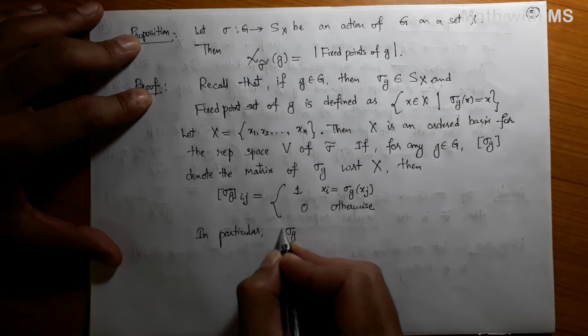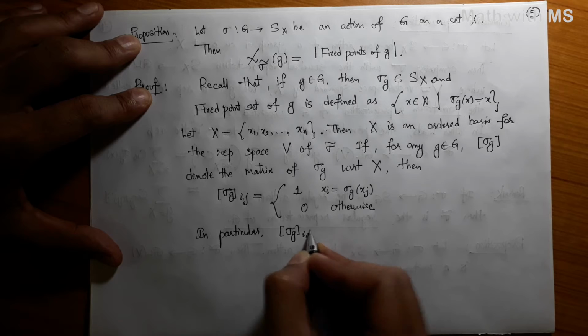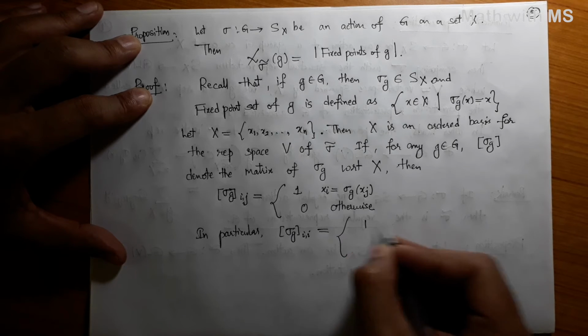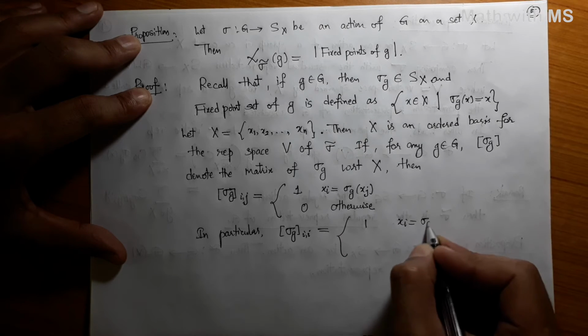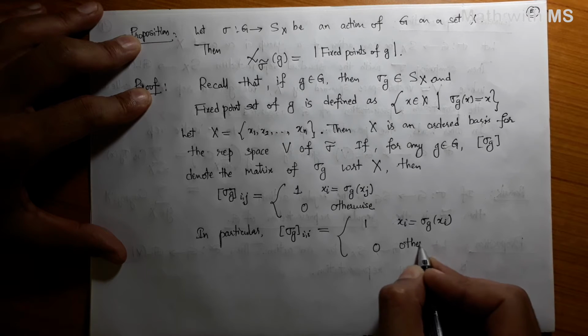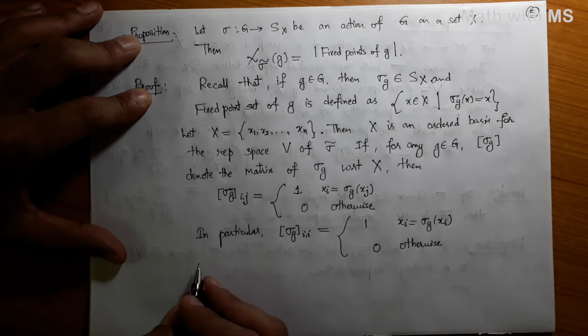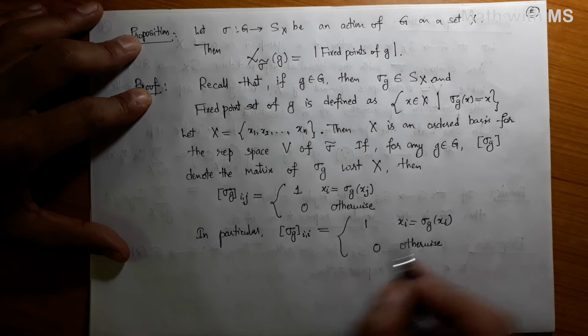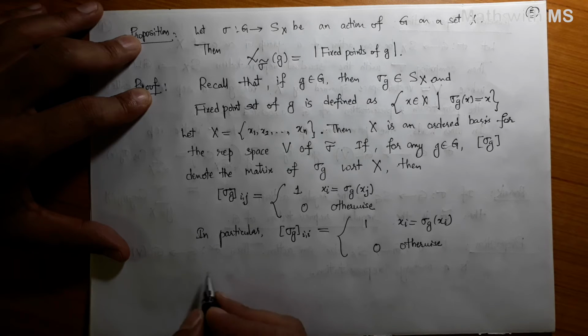In particular, what are the diagonal entries? The ith diagonal entry is going to be 1 if x_i equals sigma_g of x_i, and 0 otherwise. But you see, I am asking for fixed points. Therefore, what is going to be chi of sigma tilde of g?